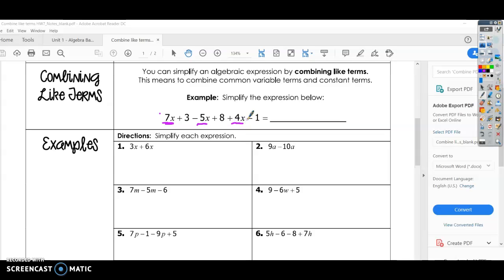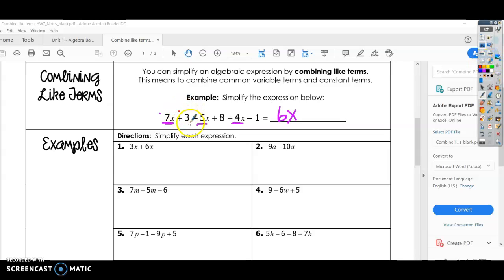So we've got a positive 7, we have a negative 5 and a positive 4. We can say 7 minus 5 is 2, and 2 plus 4 is 6. So we have 6 x's given here. Then we're going to look at our numbers.